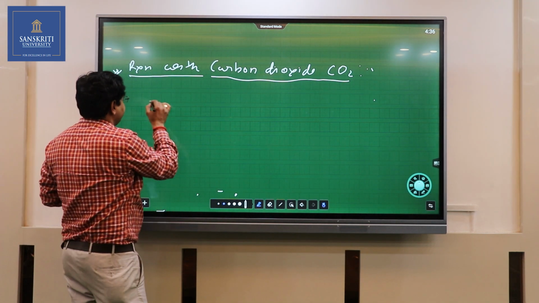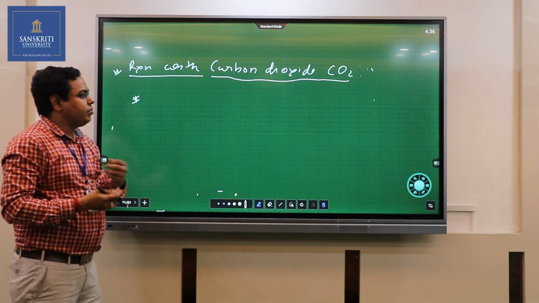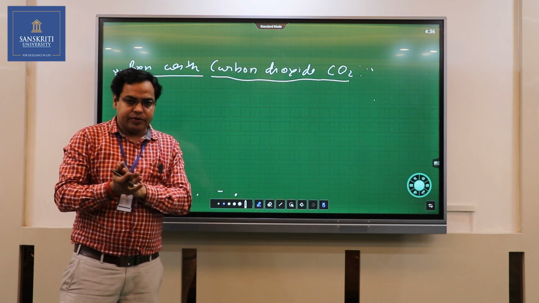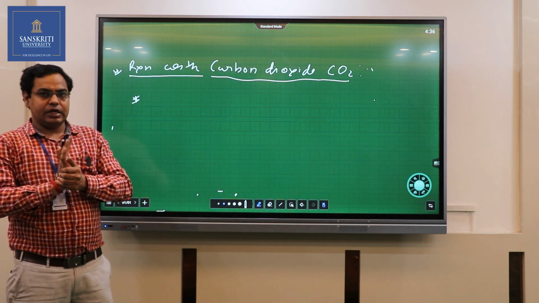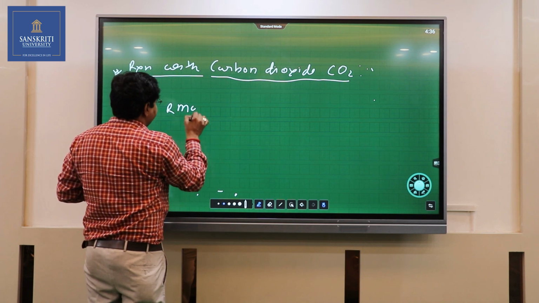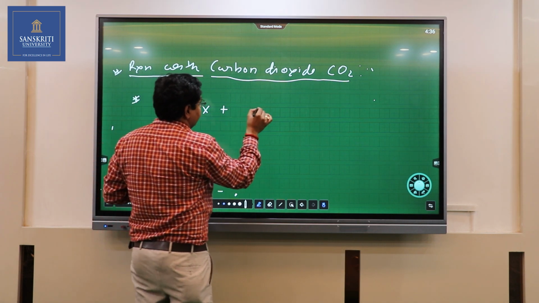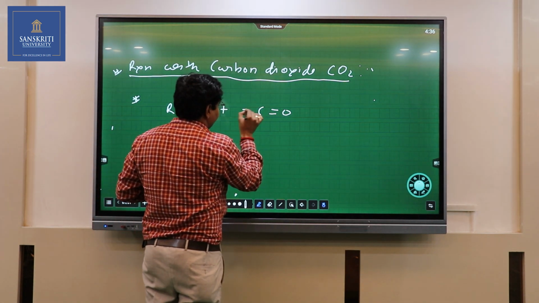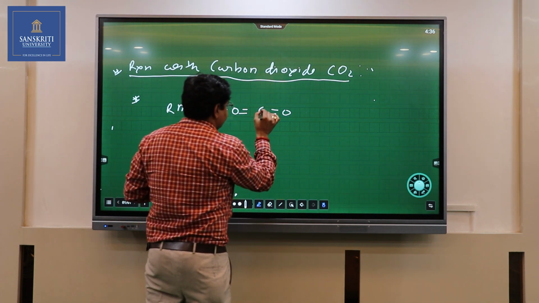We understand from this mechanism the reaction between CO2 and Grignard reagent: RMgX plus O=C=O.